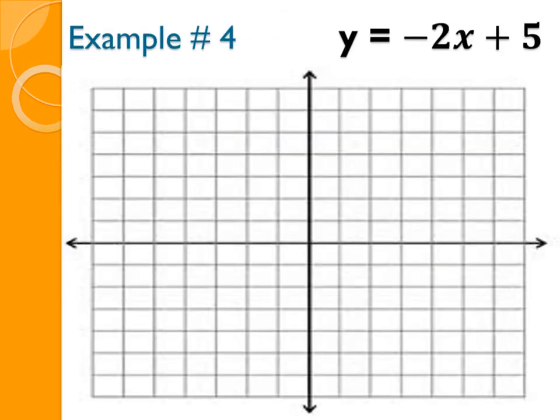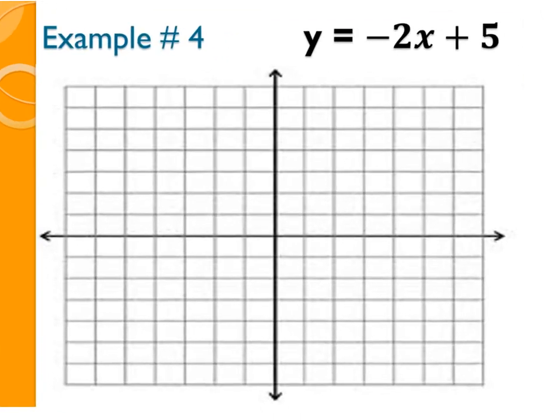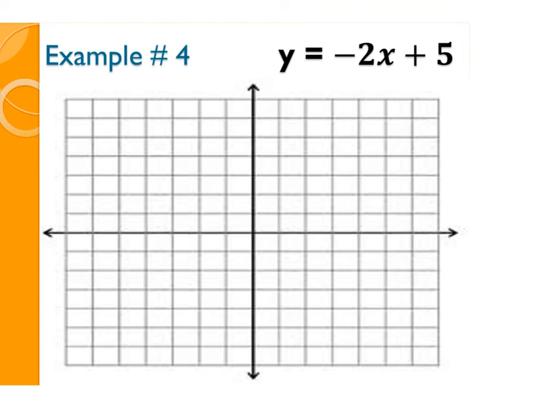Number 4, y equals negative 2x plus 5. My b is positive 5, and my m is negative 2. When I have a whole number, we always have a 1 under it, so we have rise over run.